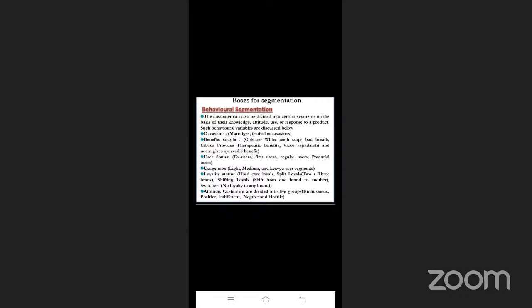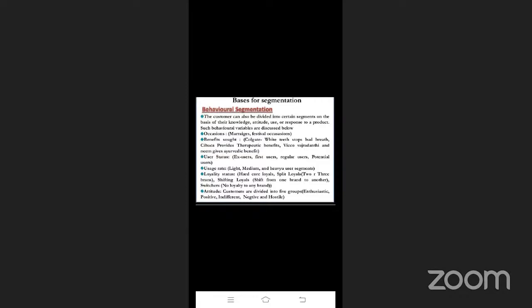Loyalty status: buyers can be divided on the basis of their loyalty status. Hardcore loyals, consumers who buy one brand all the time. Who are hardcore loyals? Consumers who buy one brand all the time. Split loyals, consumers who are loyal to 2 or 3 brands. So they will buy 2 or 3 sometimes. Just now I said if I buy one brand this month, I will go for another brand next month.